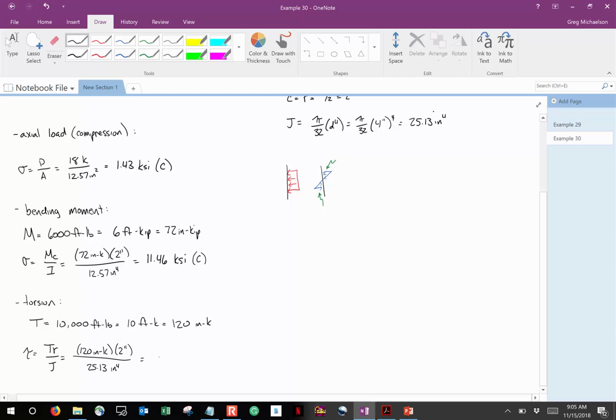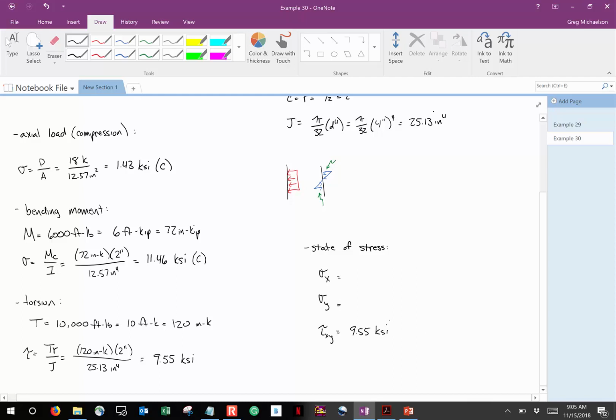So this is 9.55 ksi. Since this is a shear stress, it doesn't really matter whether it's positive or negative. So therefore, for our state of stress, we have sigma x, sigma y, tau xy. Well, tau is easy. That's 9.55 ksi.